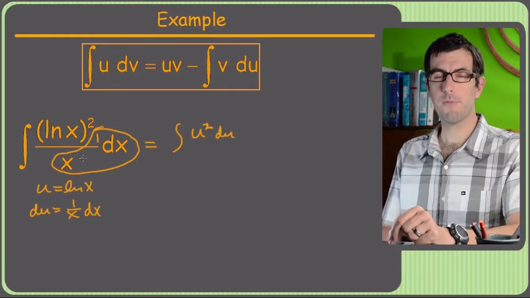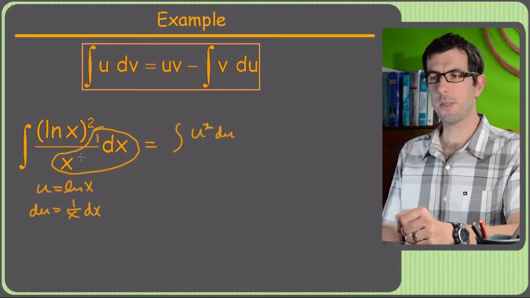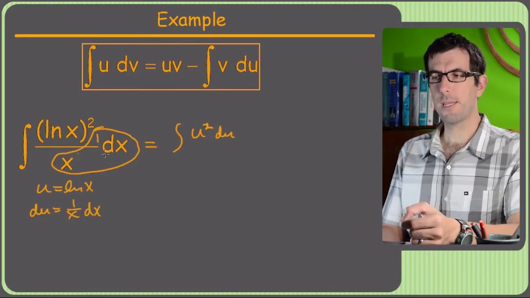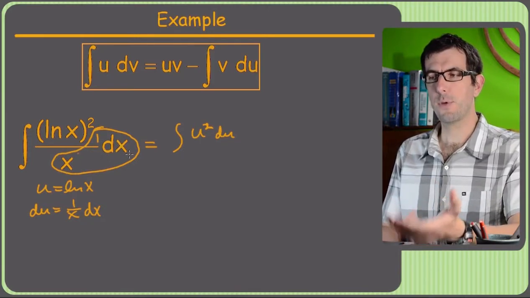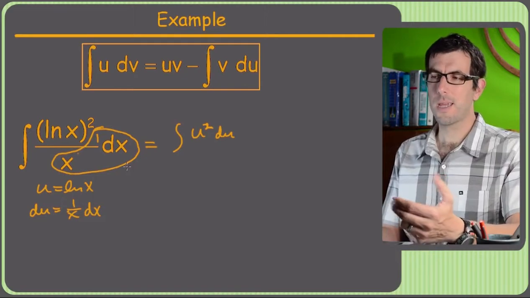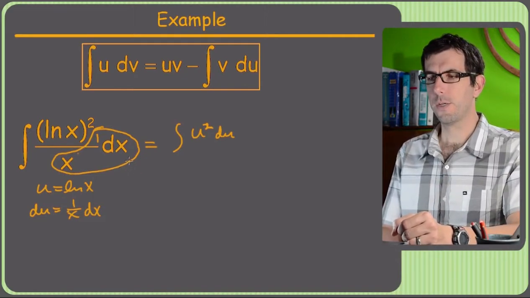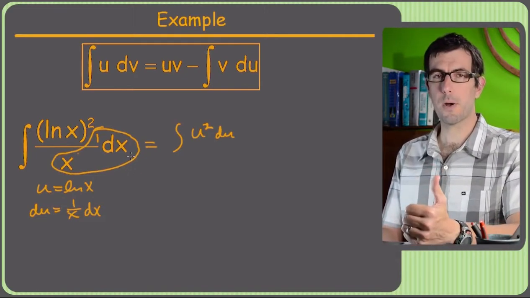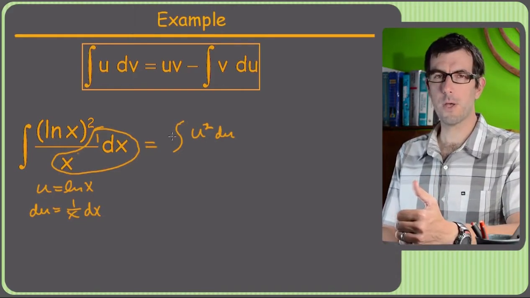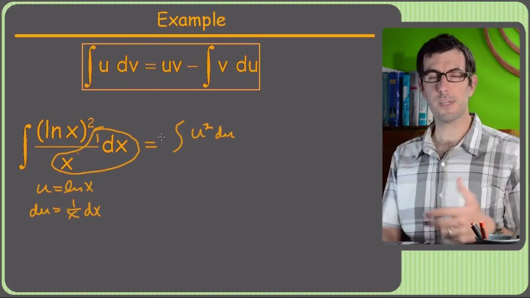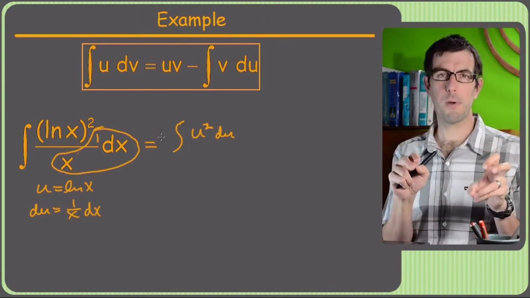Now another tip-off that you wanted to really think hard about u sub on this one was that we have this over x thing. So if you had tried to make 1 over x dx your dv or something, then when you integrate it, you start getting natural logs, it would have been really ugly. So just rule number 1, integration by parts or any other chapter from here on out, whenever you're looking at really hard integral problems, always try u sub first, even if it's a quiz about integration by parts.